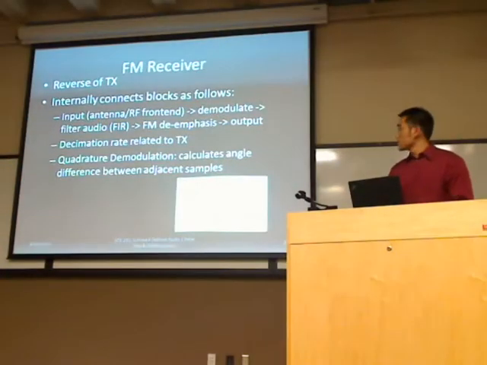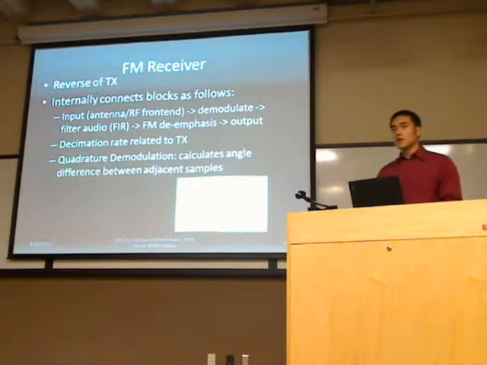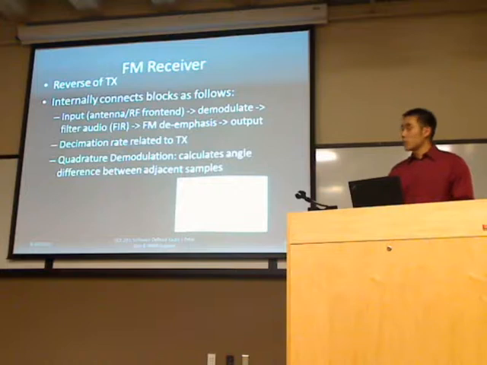For the receiver, it's essentially a mirror of the transmitter. It gets the input from the antenna, and then it's demodulated and goes through a de-emphasis filter. And then it outputs a floating point. The decimation rate, I'll show later, is related to the interpolation factor that is done on the transmitter side.